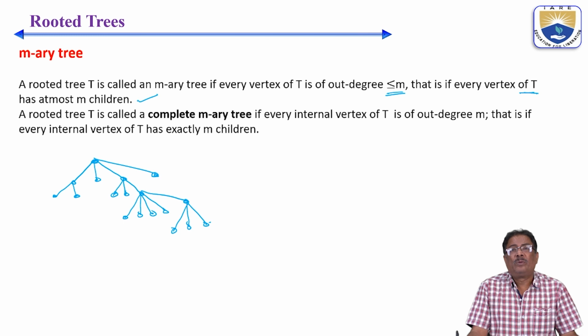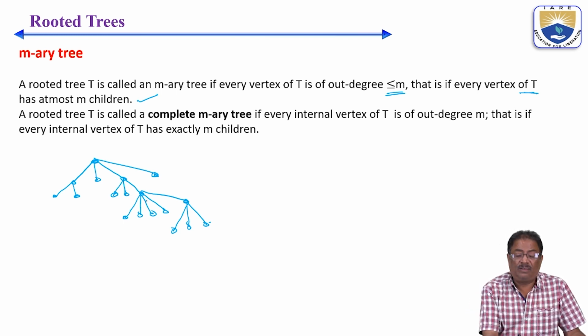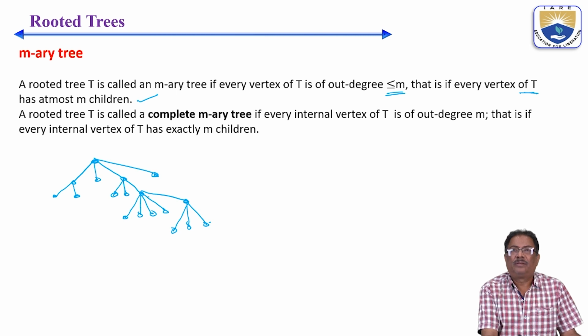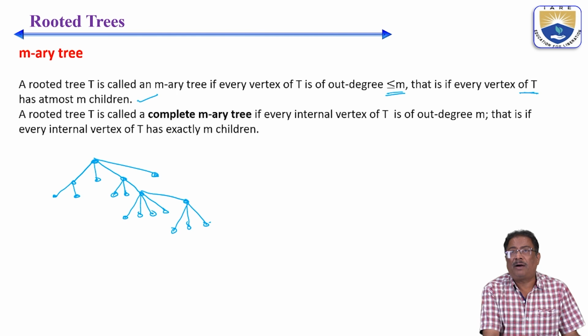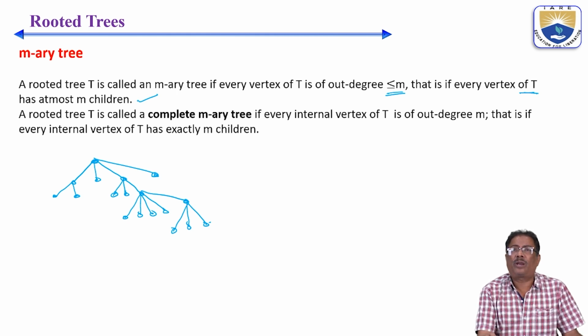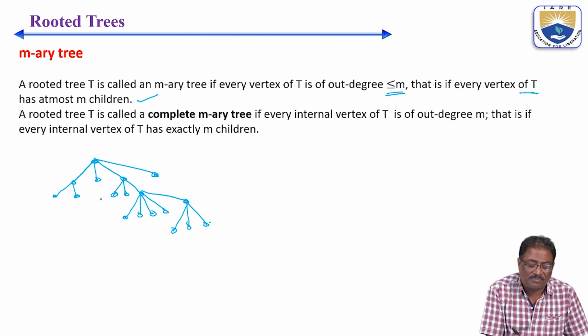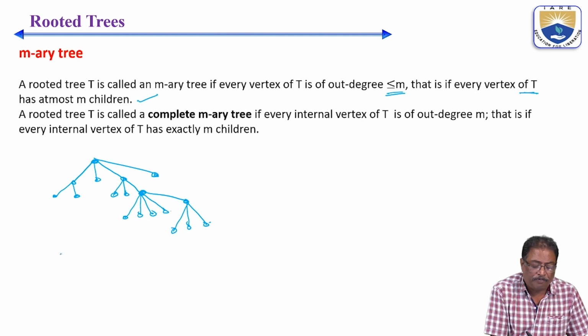So here, what is the maximum out degree of a vertex? A rooted tree T is called an M-ary tree if the out degree of every vertex of T is less than or equal to M. That means the maximum out degree is what we call M in an M-ary tree. So here the maximum out degree of this vertex is 1, 2, 3, 4, 5.